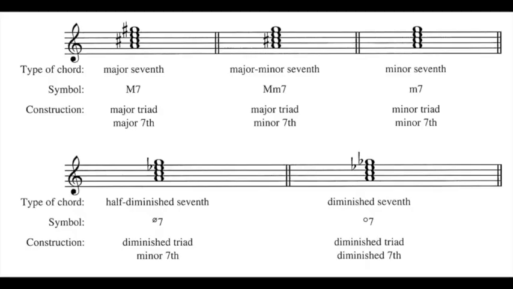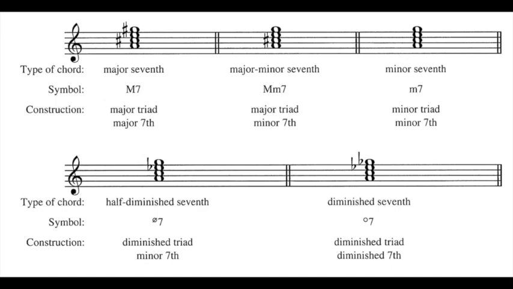Because it would be possible to use more than one kind of seventh with each triad type, there are many more seventh chord types than triad types. However, tonal harmony commonly makes use of only 5 seventh chord types. So here we can see that below each chord, you will find the commonly used name for each chord and the symbol used as an abbreviation.